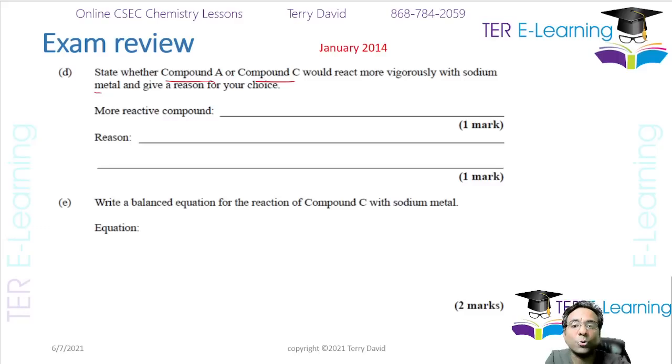So they want to know which one it is more reactive with. Obviously it's going to be more reactive with the carboxylic acid. So it has to be compound C. So it's compound C, right?